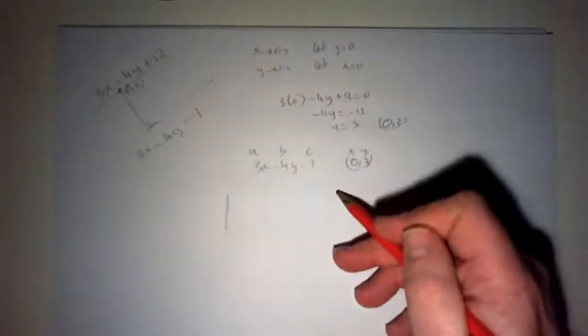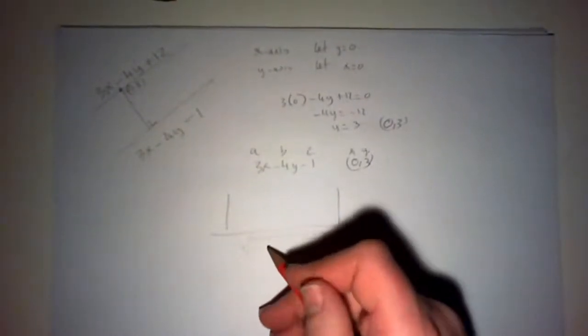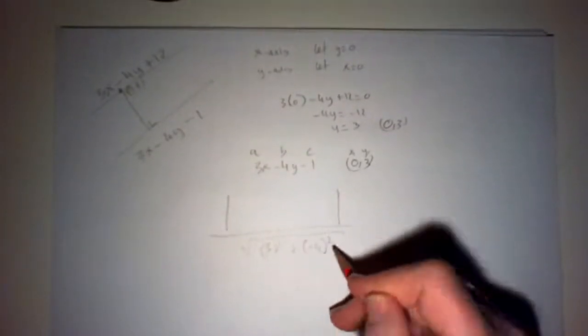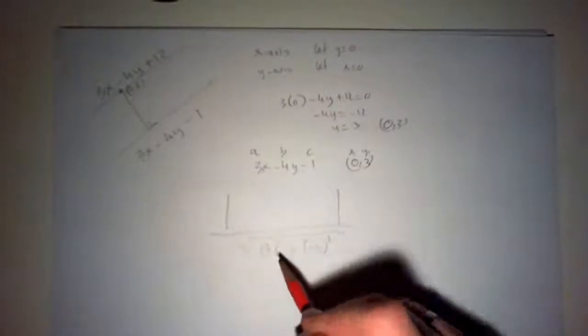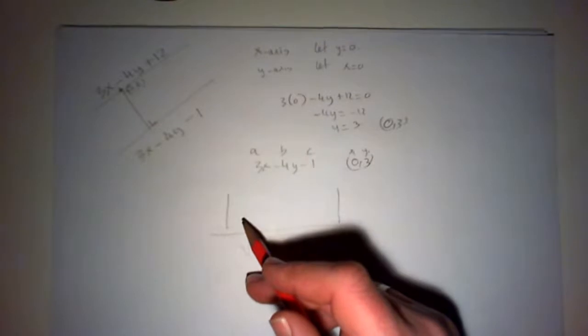So absolute value. Well, let's do the easy bit first. We know it's going to be the square root of A squared plus B squared, which is going to be 5. 9 plus 16 is 25. Root 25 is 5. But let's do the other bit, the hard bit.